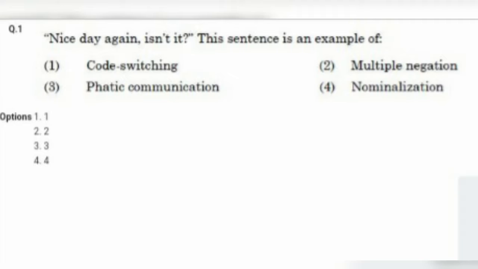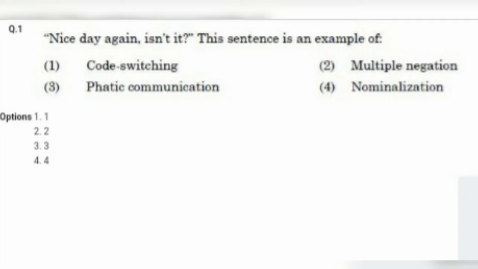This is a term coined by Malinowski in 1923 from the Greek term phatos, which means spoken or that which can be spoken. You may refer to phatic communication as small talk in a general conversation. Option number 4, nominalization.